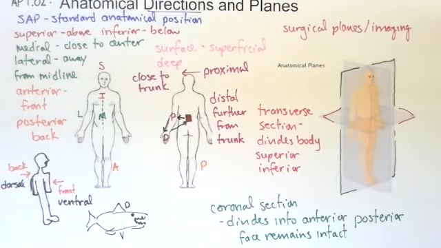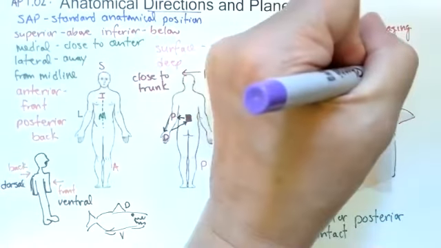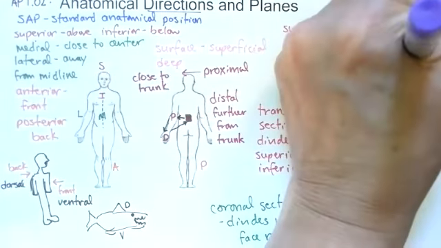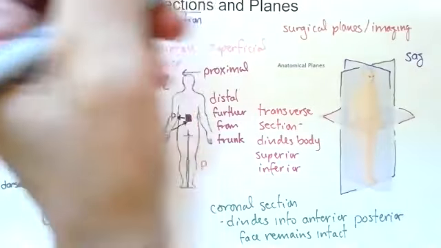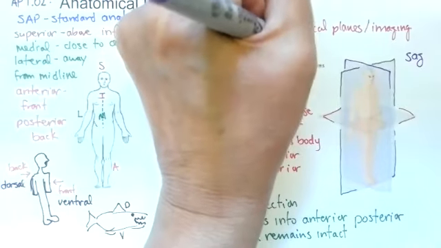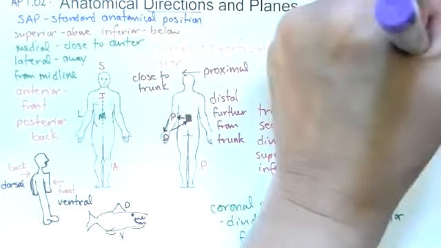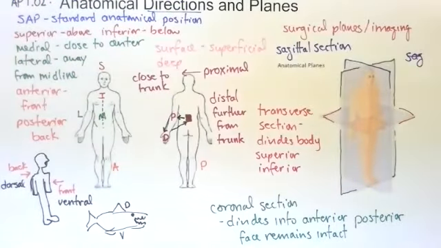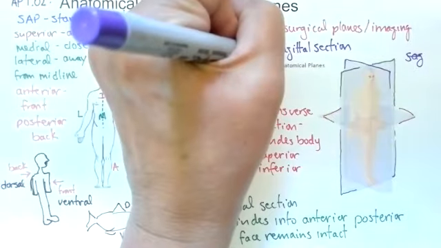All right, then finally, this is dividing the body into a left and right half. This is called a sagittal section. I'm going to run out of room over there, so I'm going to put it over here. So this divides into a left half and a right half.